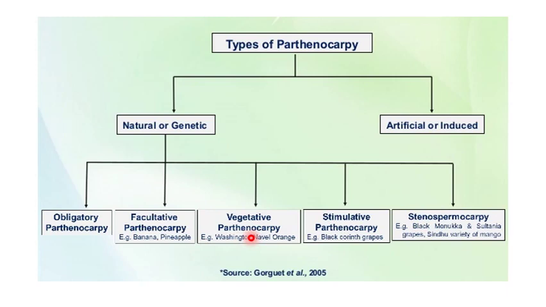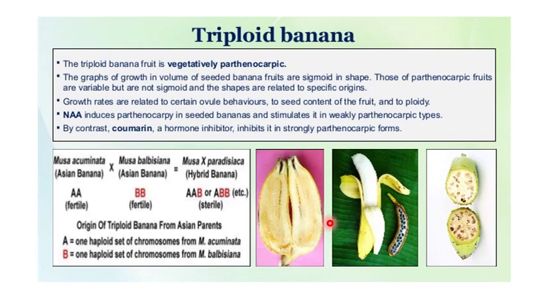While the cucumber is an example of vegetative parthenocarpy, and so is the banana. In this slide, the triploid banana fruit is an example of the vegetative parthenocarpic process.